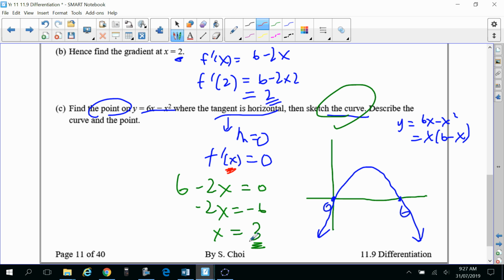The calculus says at 3, the tangent is horizontal. Yes? Yeah? Tangent is horizontal. You can work out, substitute 3 and you get 9. Right? That's the idea. We can use calculus to do so. Once you know how to find gradient, it's almost like you found a new country. You can do almost anything.